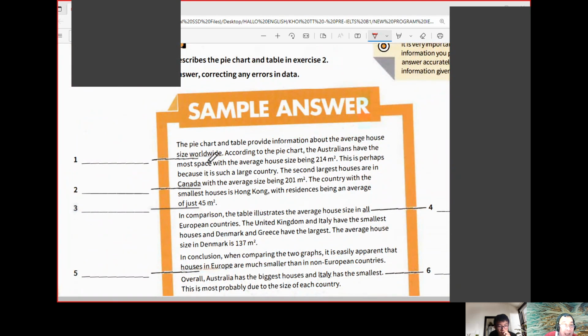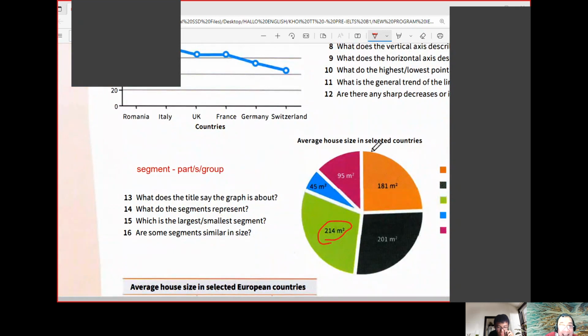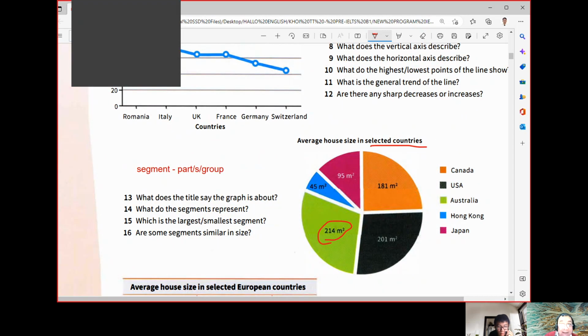So we have to specifically define first the pie chart. So the pie chart provides information about the average house size in selected countries.